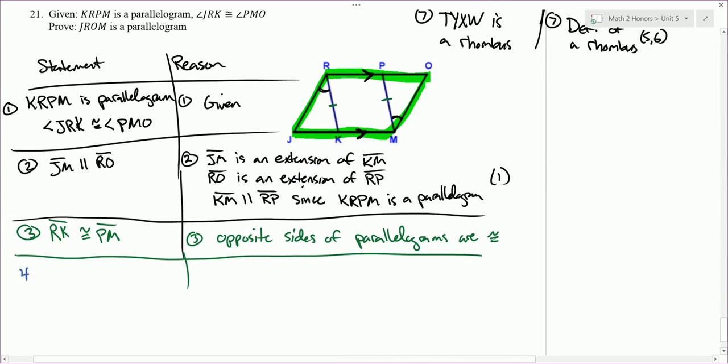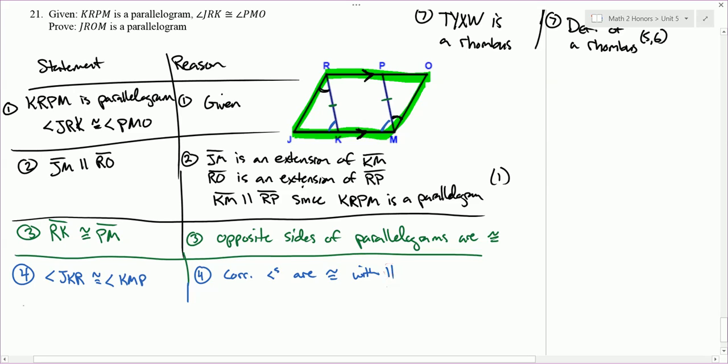And so what we can say now is that these two angles here, angle JKR is congruent to angle KMP. And the reason is corresponding angles are congruent with parallel lines.